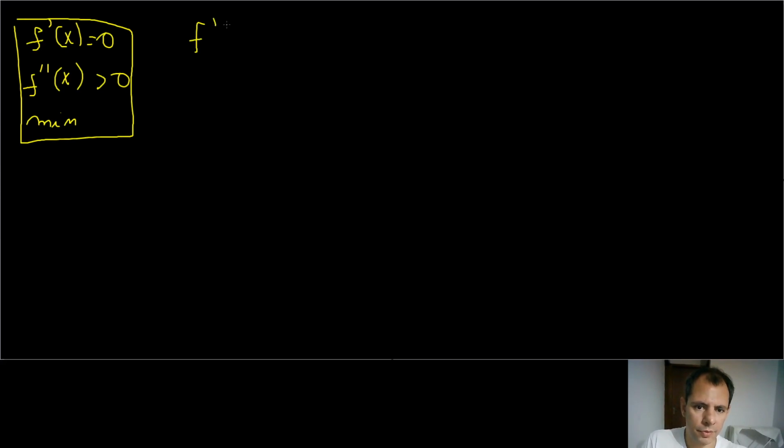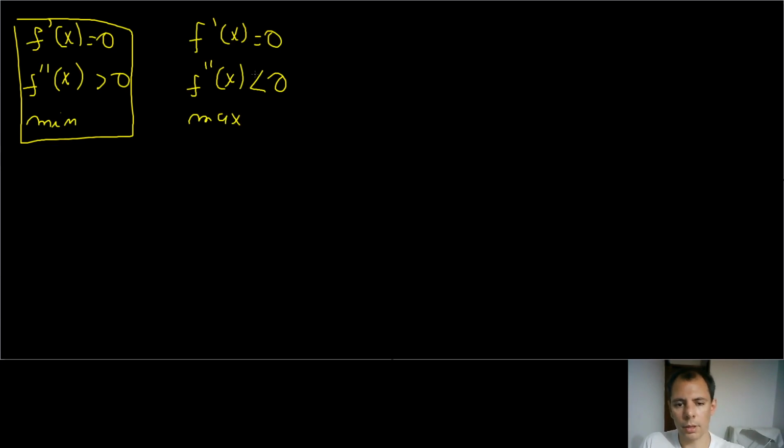When the first derivative is 0 and the second derivative is less than 0, it's a maximum. But also you got to worry about when the first derivative doesn't exist, because that's a critical point. When the second derivative doesn't exist, that's a critical point, blah blah blah. So this is called the second derivative test, to test for maximums and minimums.